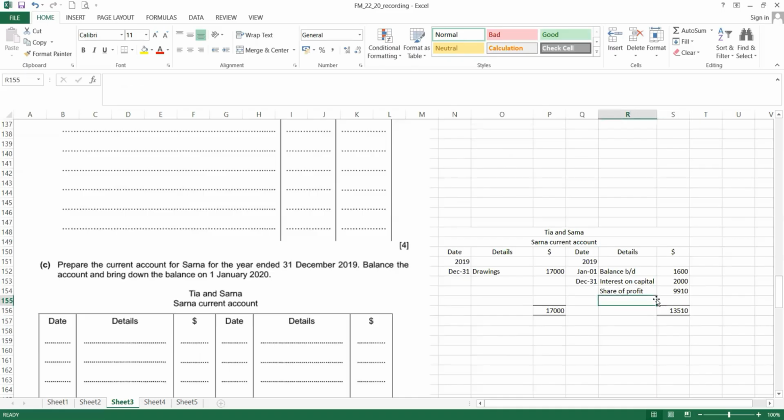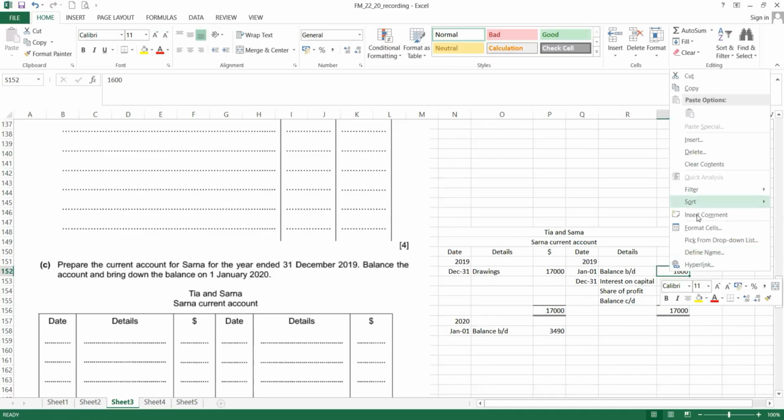In this situation, the balance is carried down on the credit side. 13,510. And here we put 2020. Later I want to explain the situation. Okay, balance brought down.